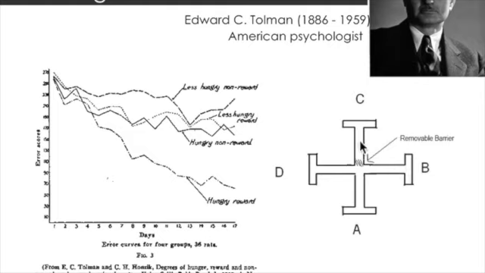So it's not just that the rat is learning a simple turn right rule, it is as if the rat has a mental map of the overall maze inside its head, right?